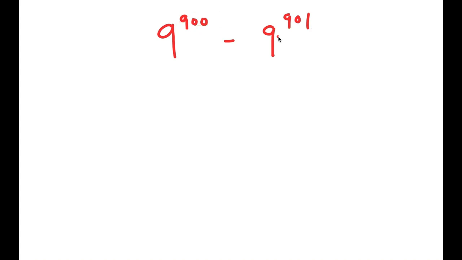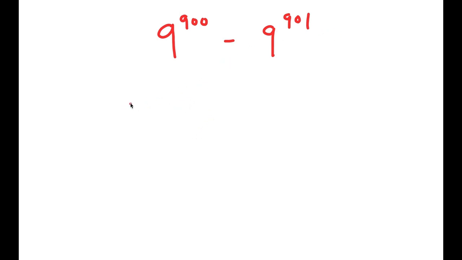So the easiest way to solve this is to simplify this as much as we can. A way to do that is to factor out a term. Well, 9 to the power of 900 is actually a factor of 9 to the power of 901. So all we have to do is rewrite 9 to the power of 901 as something times 9 to the power of 900.